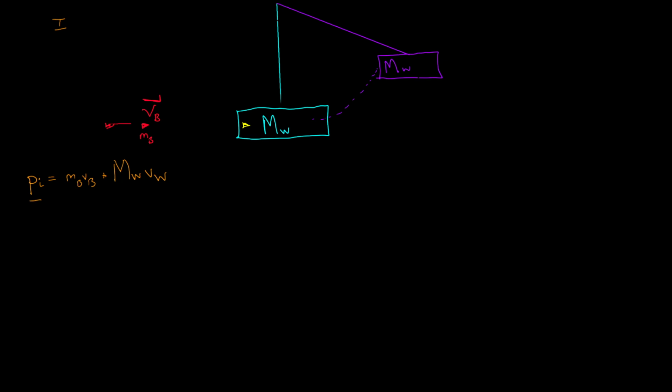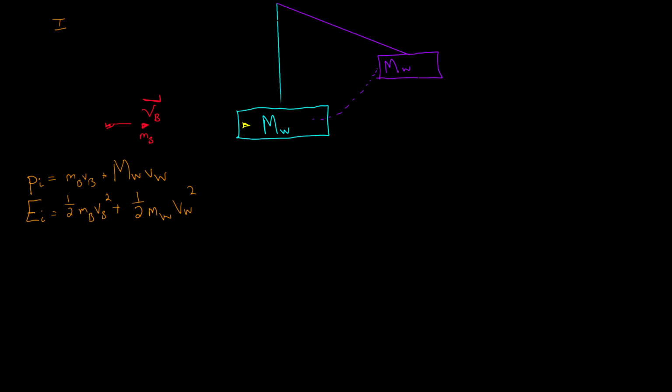And it's going to have initial energy of the kinetic energy of the bullet plus the potential energy of the bullet. Well, there's no potential energy in this direction for the bullet, so that's a 0. And then the kinetic energy of the block, which is also a 0 at this point.